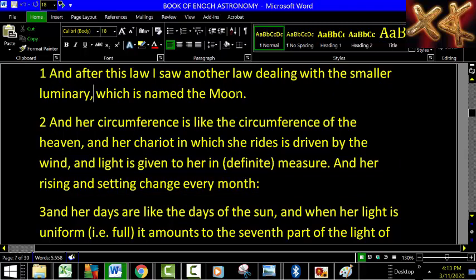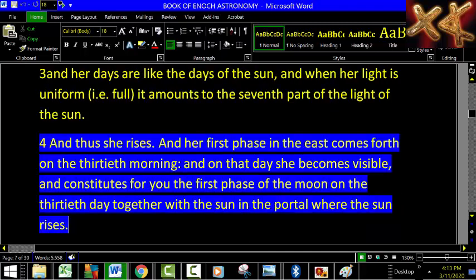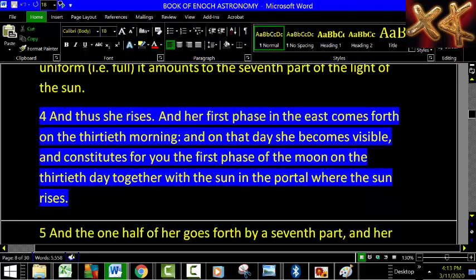Talking about the moon, as you can see right there. But we're going to jump down here to verse 4 and start talking about the moon. Now, I will point out when the scripture says he is talking about the moon. And when he, being Enoch, says he is talking about the sun.